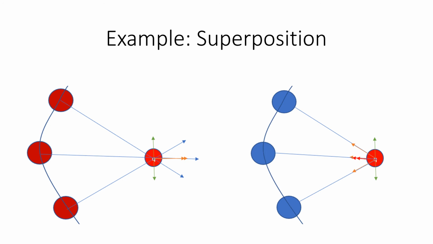Starting from the middle one, we can see the vector acting along the line that connects these two charges. As they are the same charge, they repel each other, and that's denoted by the blue arrow on the right.